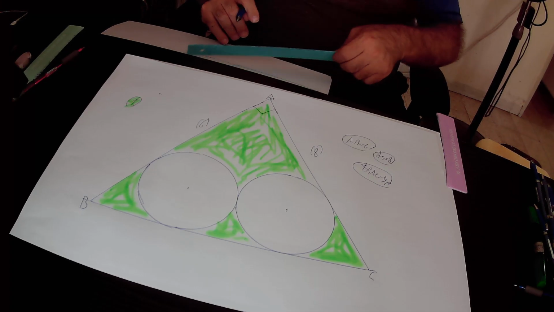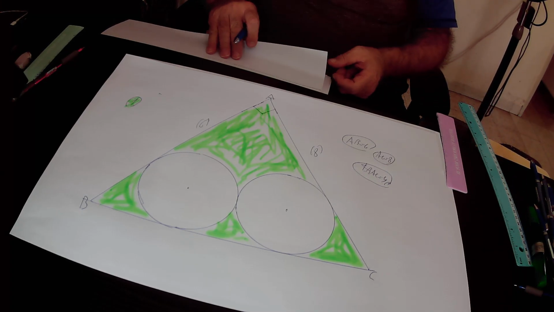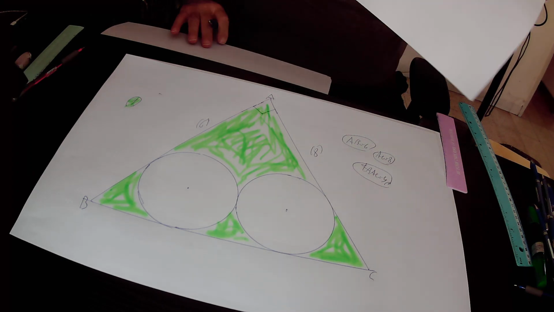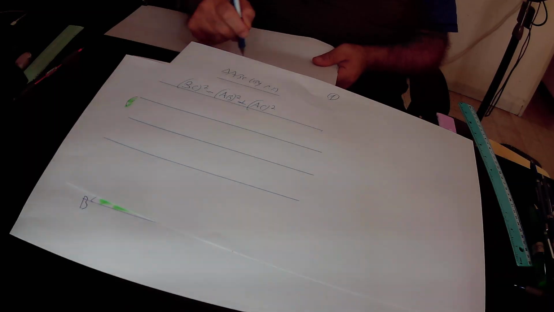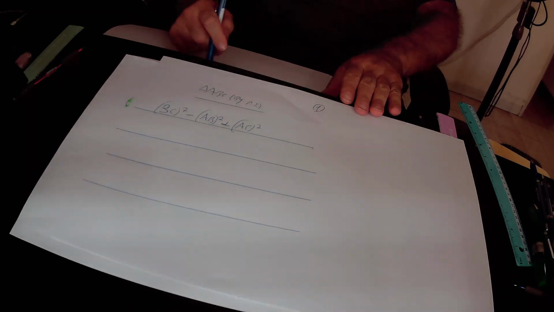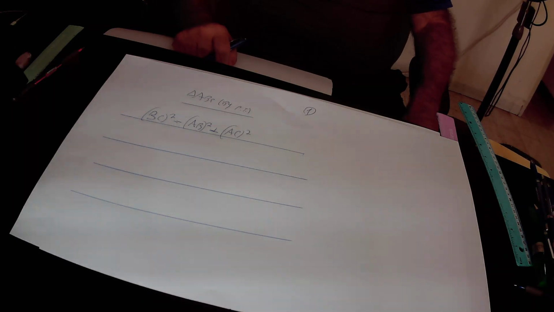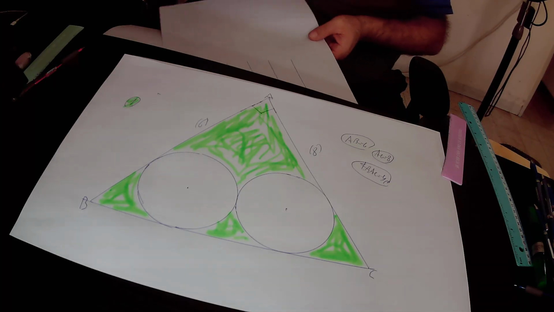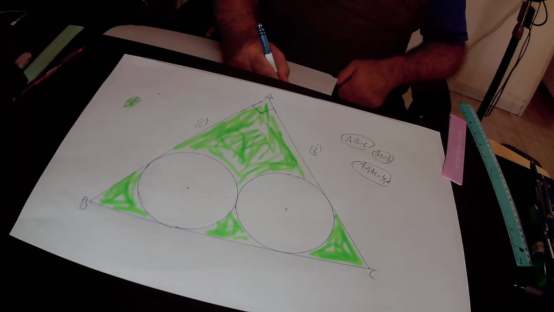Okay, again, in the right triangle ABC, according to the Pythagoras theorem, BC squared, that is the square of the hypotenuse, equals AB squared plus AC squared. BC is the missing side, so BC squared equals AB squared.